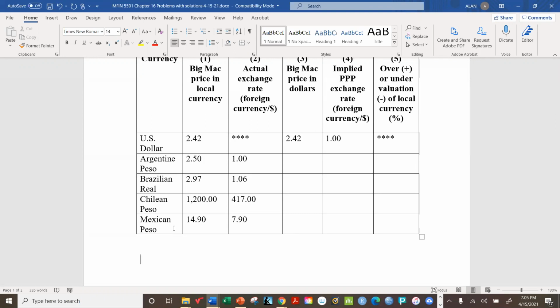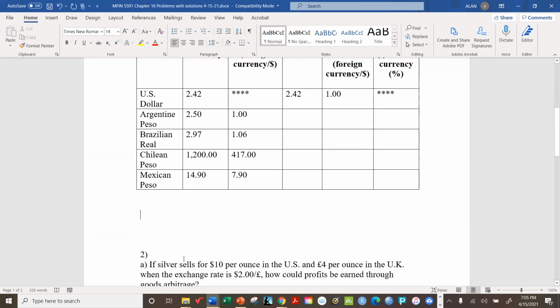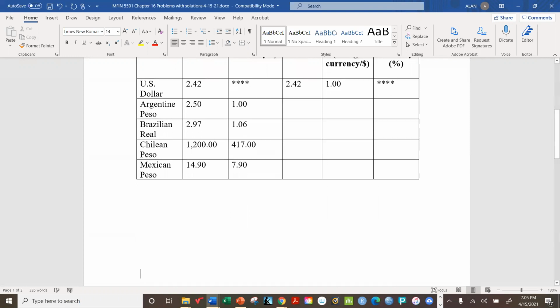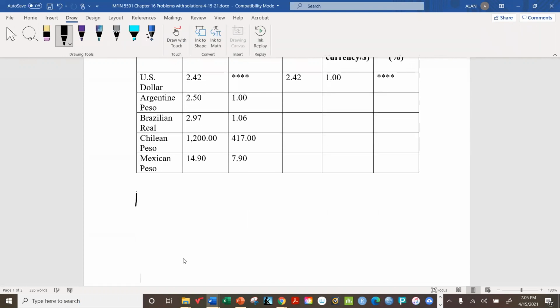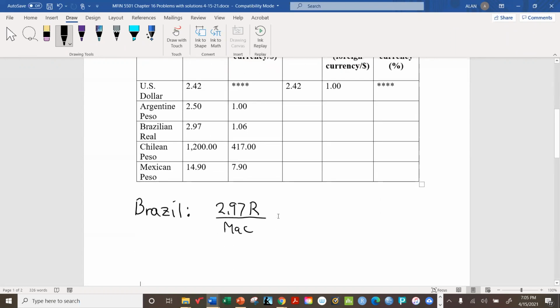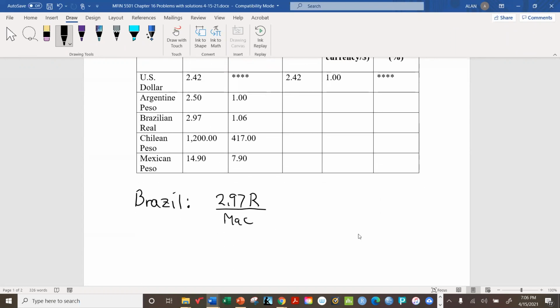For Brazil, we know in column 1 that it takes 2.97 reals. I'll use R to represent that, to buy one Big Mac. Okay. We also know that the actual exchange rate is 1.06 reals per dollar.